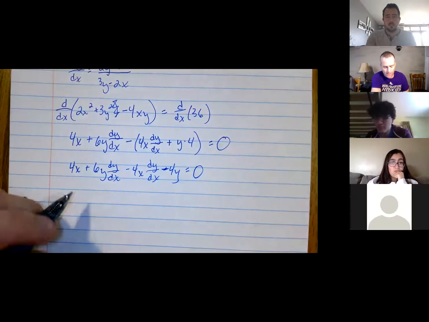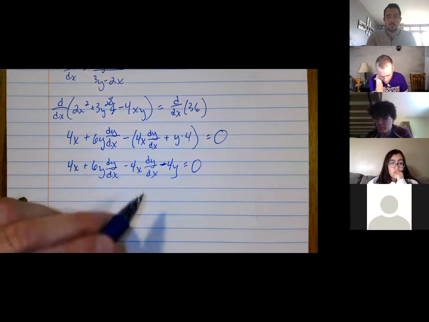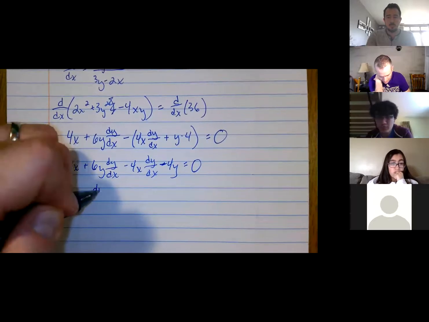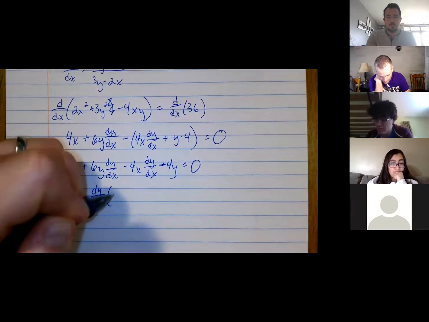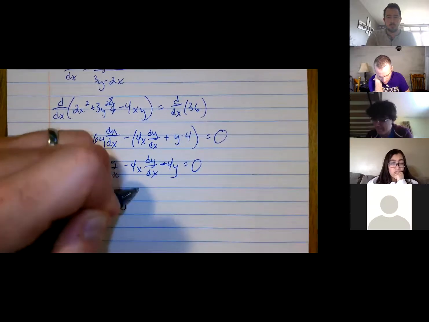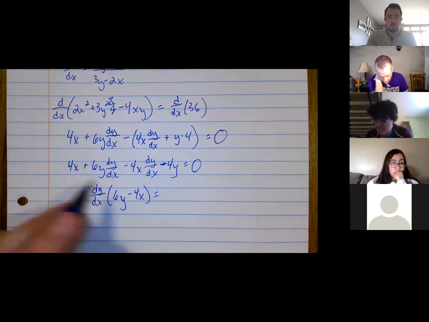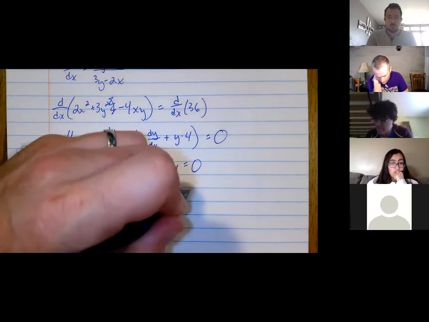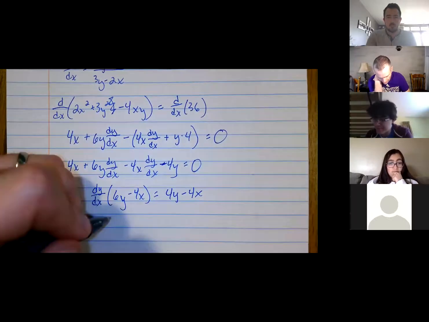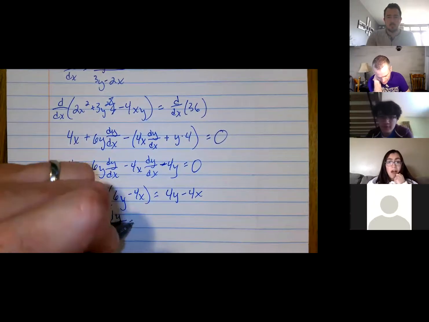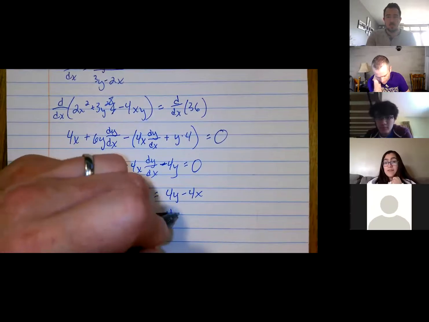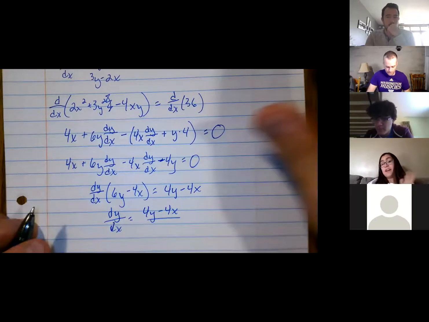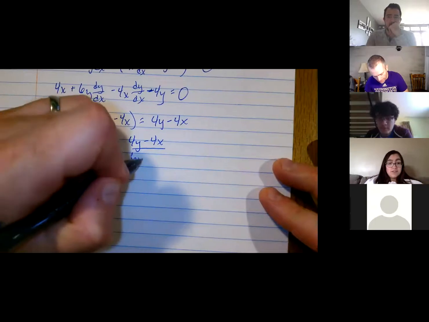And so now my goal is to solve for dy/dx. So I'm going to group together the dy/dx terms on the left side and factor it out. So then I have (6y minus 4x) dy/dx equals, and then I'm going to bring these others over, so I have 4y minus 4x. And then I'm going to divide. So dy/dx is equal to (4y minus 4x) divided by (6y minus 4x).